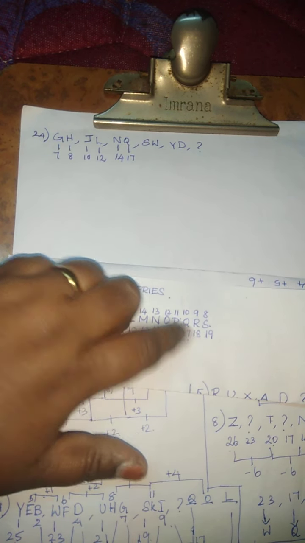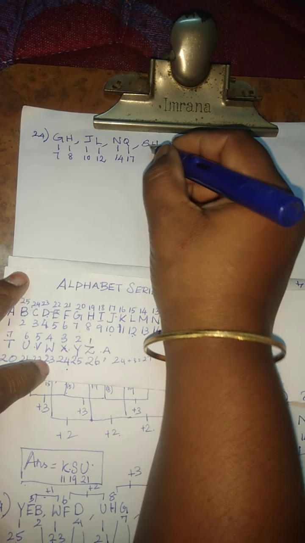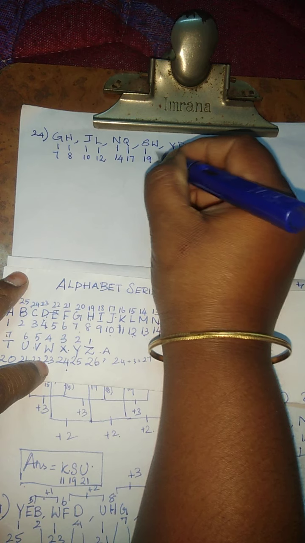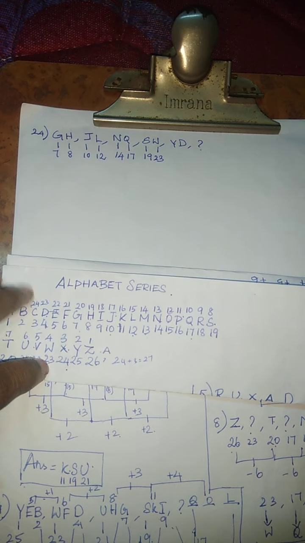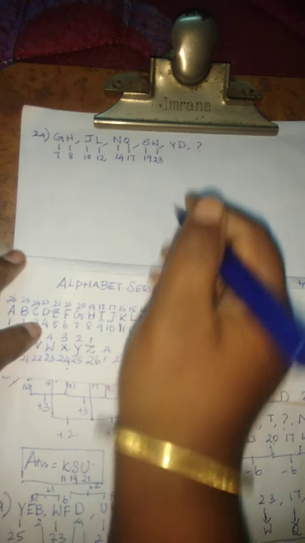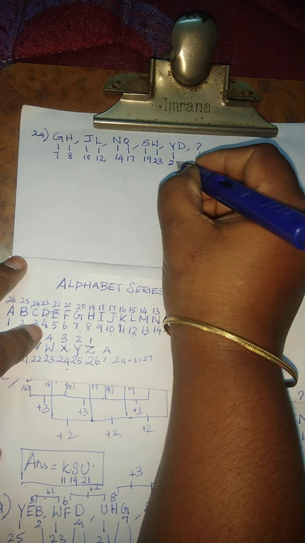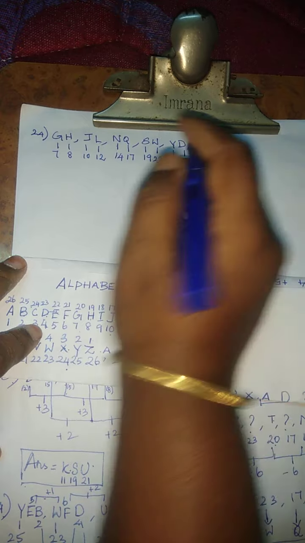S is 19, W is 23. Then YD. Y is 25 and D is 4.